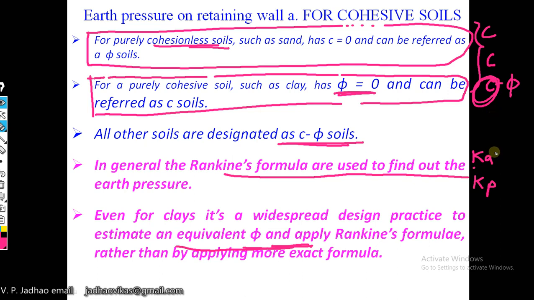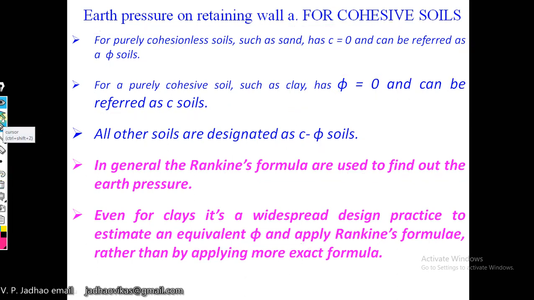So we will be able to use these two formulas only. We won't be considering different types of soil, we will consider that as cohesionless soils only. Again we will be providing some backfill material of sand-like material on the backfill of your retaining wall.